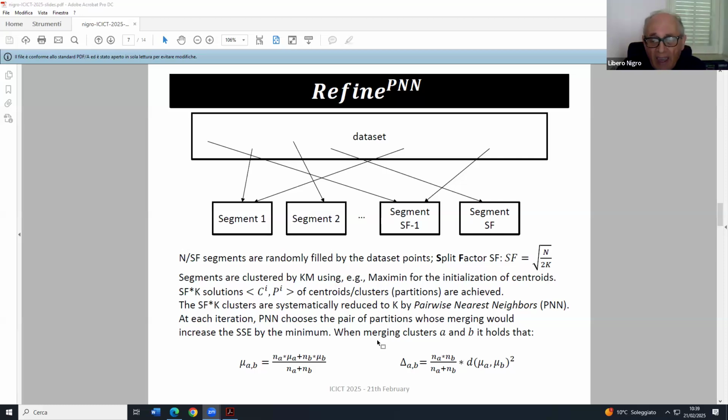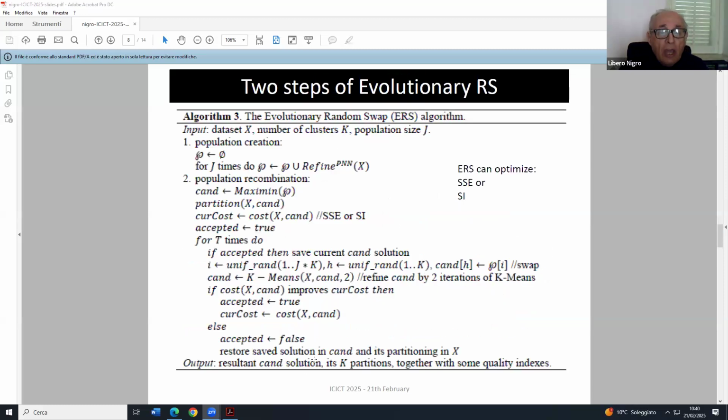What is interesting is that we can predict in an easy way, analytically, both the increment in the cost and the centroid of the merged cluster, as shown in this slide. Now, in the extension of random swap, we initially build a population of solutions.